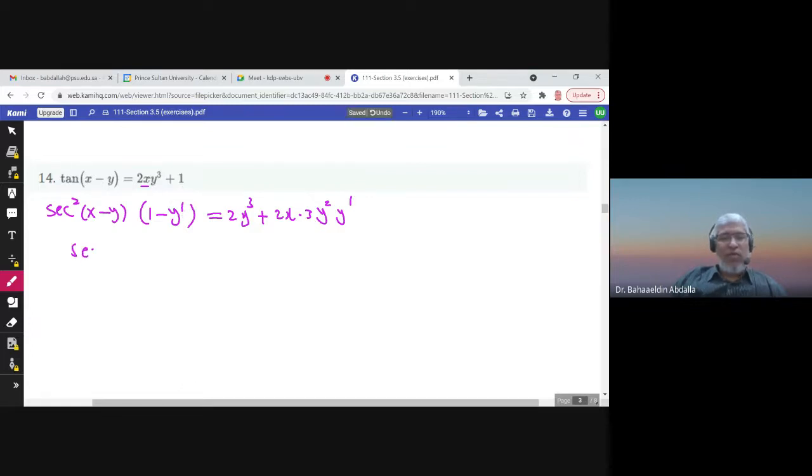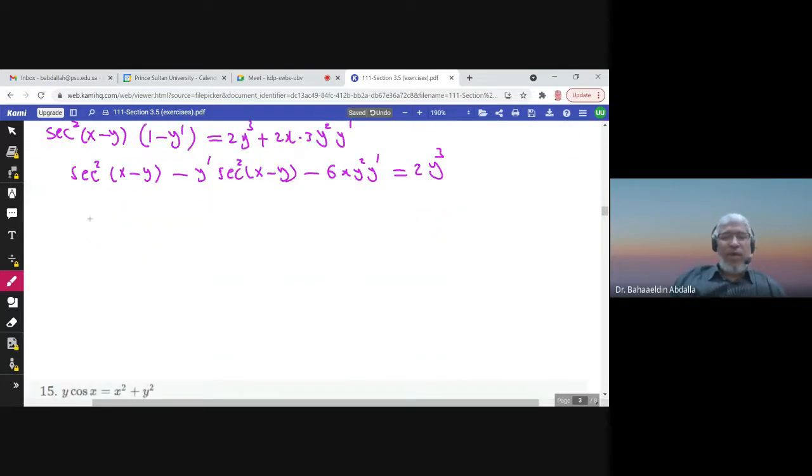So I have secant square x minus y times y prime, secant square x minus y expanding equals, let me bring this term, 2 times 3 is 6x y square y prime, to this side and keep 2y cube here.